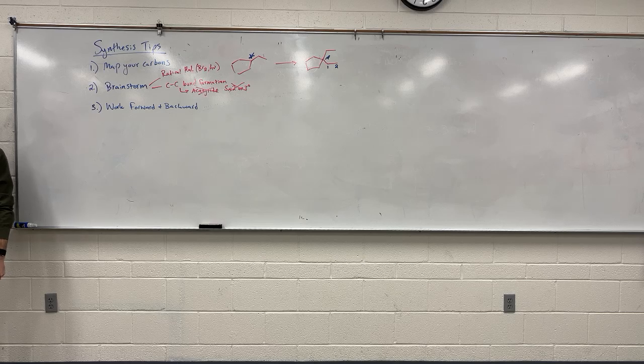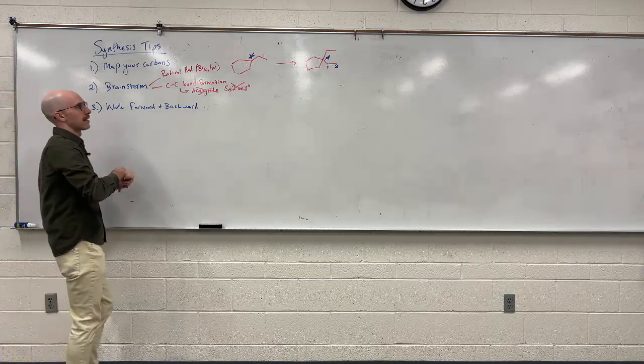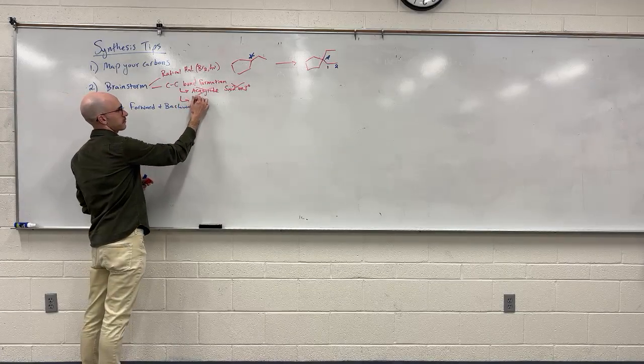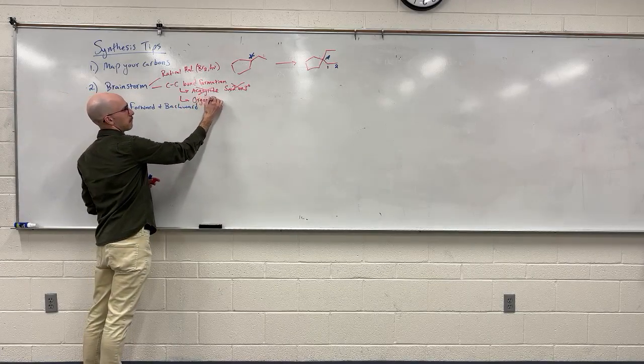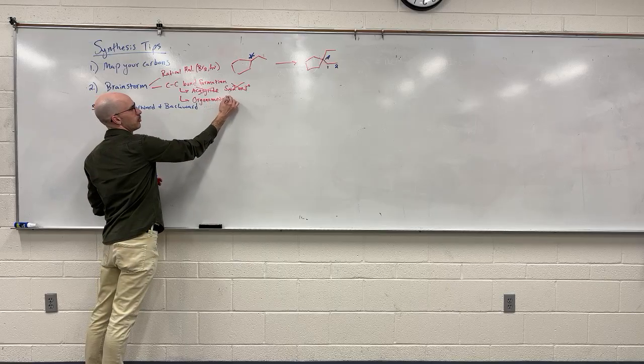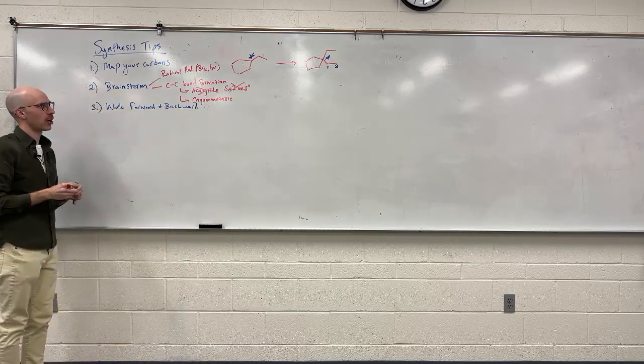Then we also said I could have cyanide. Well, cyanide, same thing, can't do SN2 and doesn't even provide 2 carbons. And then we have our organometallics. Organometallics make carbon-carbon bonds. But again, I can't do SN2 on a tertiary carbon.